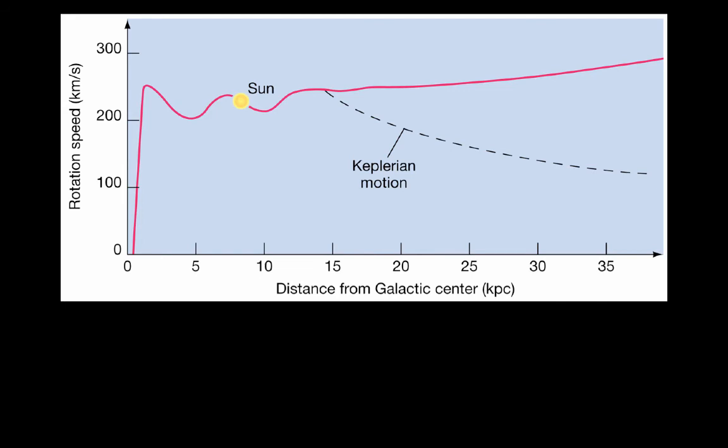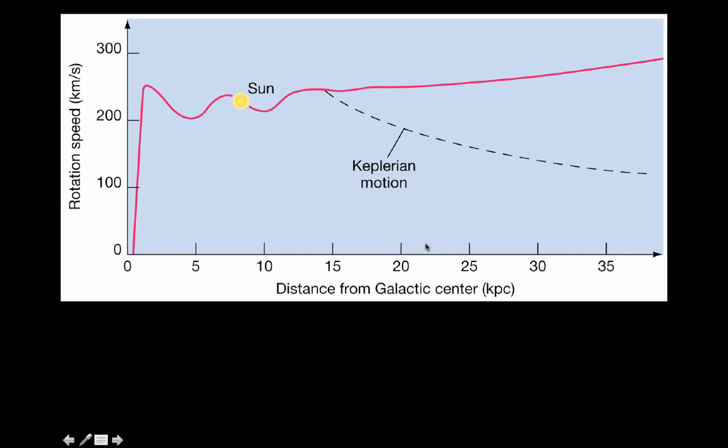Okay, so why does the measured rotation curve not match the Keplerian rotation curve? Okay, this is what we would expect. This is what the stars should do. This is the rotation speed they should have if out here most of the mass of the galaxy is inside of their own orbital radius, which is what it appears to be observationally when we just look at the stars.